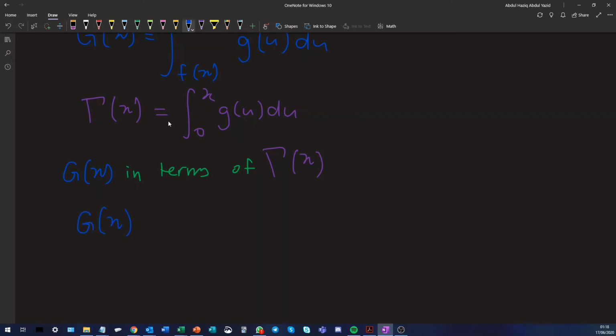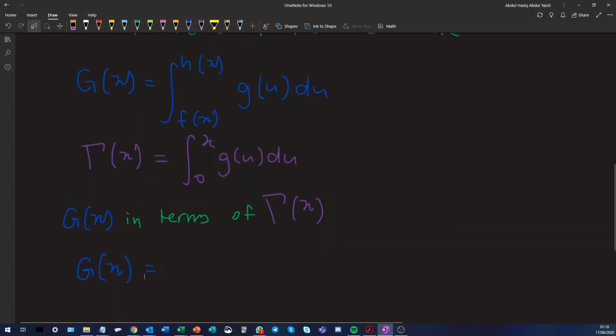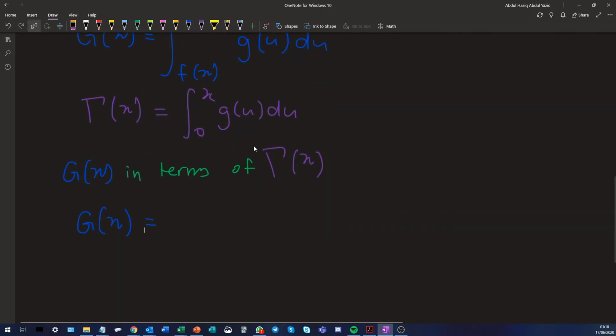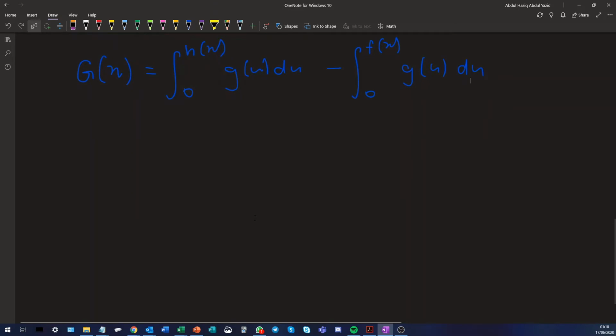So first of all, we can rewrite G of x in this way: the integral from 0 to h of x of g of u du, subtracted by the integral from 0 to the lower bound f of x of g of u du. This is just a fact of integration, that you can rewrite things in this way.